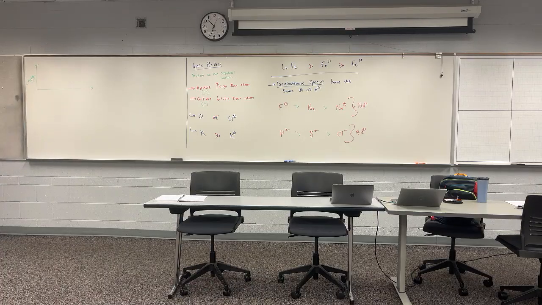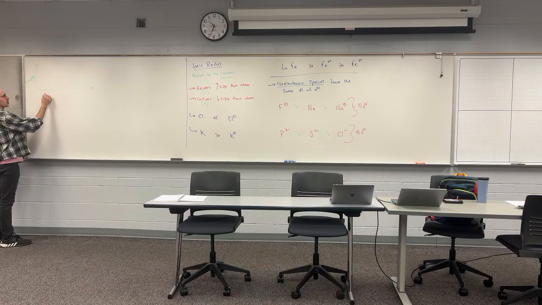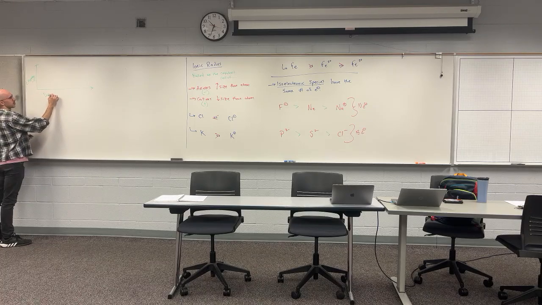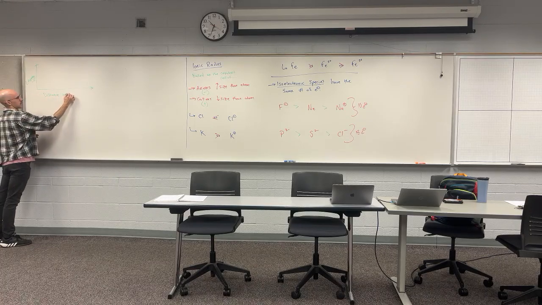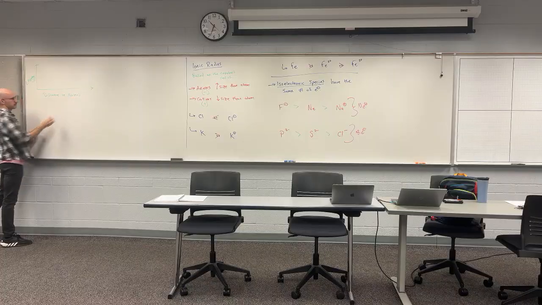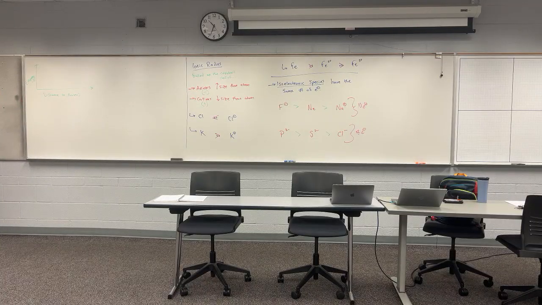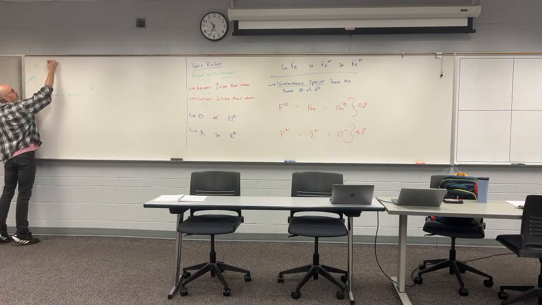We're going to be qualitative about this, not quantitative, so we don't need to give units for our energy. On the x-axis, we're going to show distance to nucleus. And we're showing the energy of an electron.